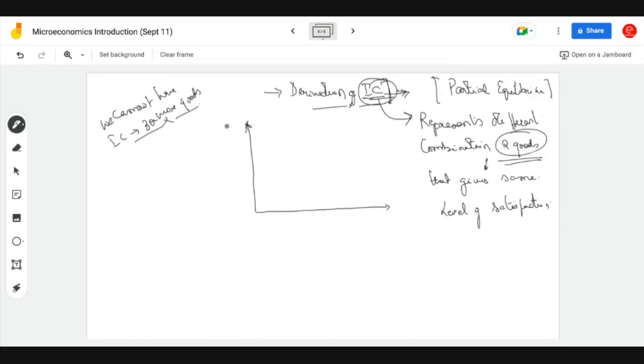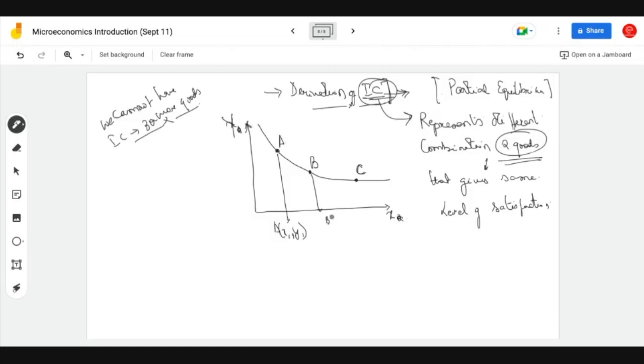So let's say this is good x1 and let's say good x2, or let's call it y. Okay. So that we can represent. Let's call it point A, point B, point C. So at point A we have x1 comma y1.